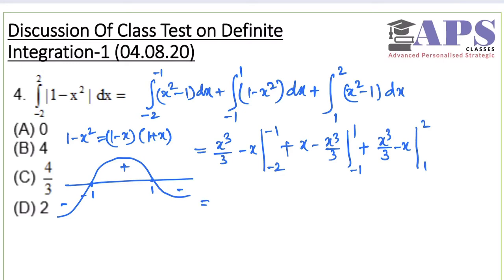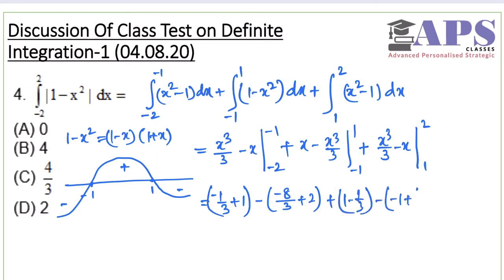So when I put these values, I will get minus 1 by 3 plus 1, after putting minus 1 here, then after putting minus 2 it will be minus of minus 8 by 3 plus 2. This from the first one, then plus, if I put 1 it will be 1 minus 1 by 3, minus, if I put minus 1 it is minus 1 plus 1 by 3, and plus 8 by 3 minus 2, and minus 1 by 3 minus 1.